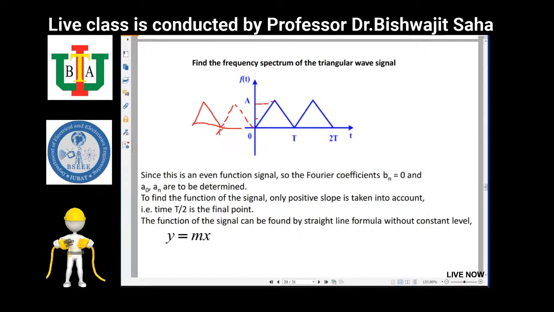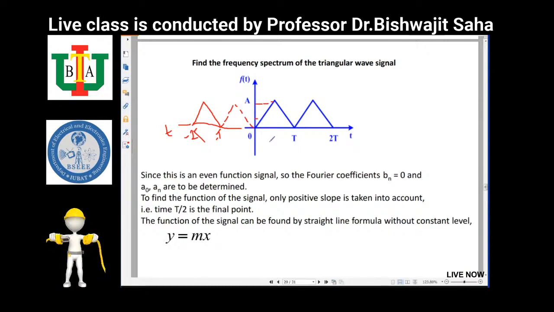So here is minus T, here is minus 2T, and it goes up to minus T, smaller T. Amplitude same. As I mentioned, whenever you see that there is no negative part of the signal, definitely you can predict even function symmetry.